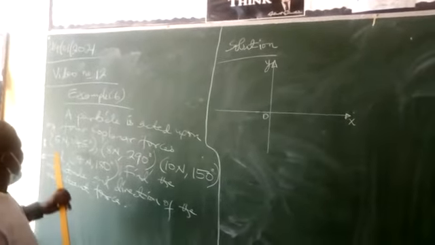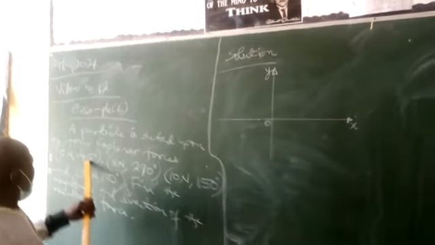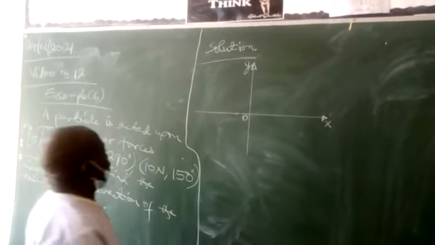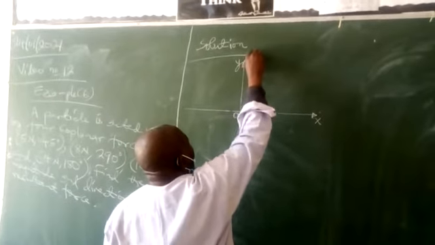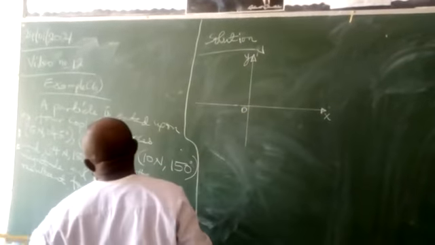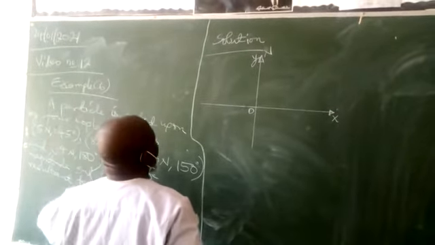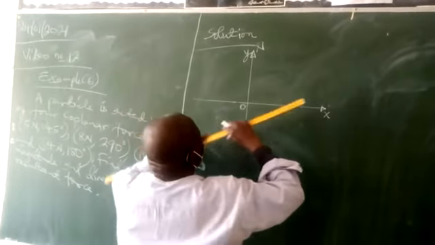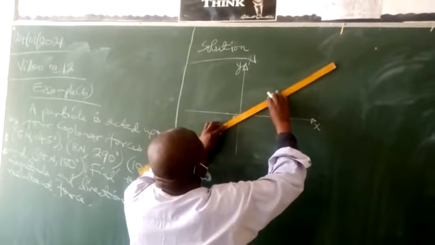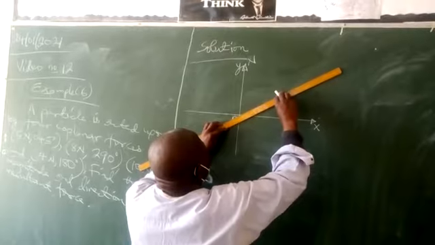Now the first force is 5 Newton at an angle of 45 degrees. Always we measure the angle from the vertical, from the north. So 45 degrees measured from the north will be somewhere here.